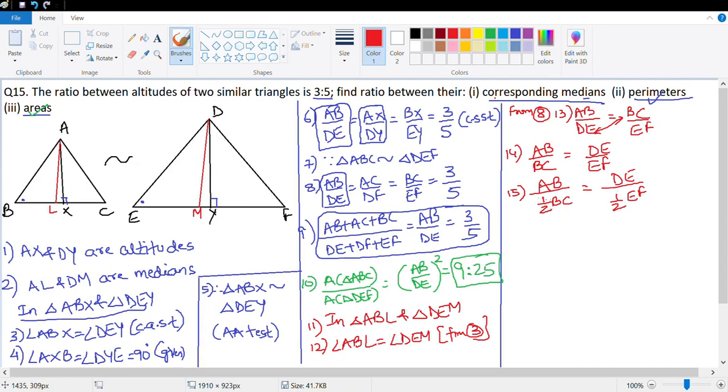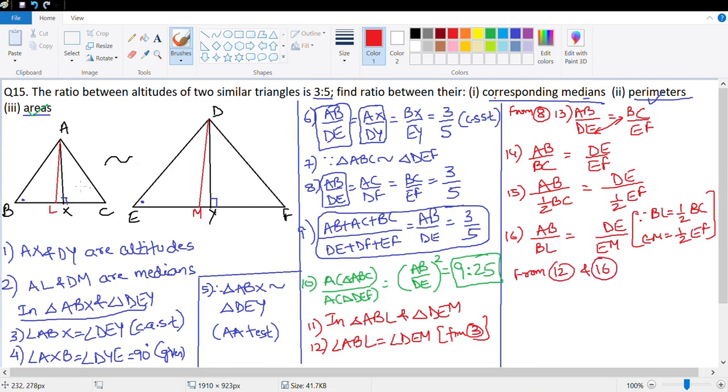denominators by 2, and half of BC is nothing but BL, right? So AB upon BL is equal to DE upon half of EF, which is nothing but EM. Since BL is equal to half of BC and EM is equal to half of EF, since these are medians, from 12 and 16, what I get is AB upon BL is equal to DE upon EM, and the included angle is equal.